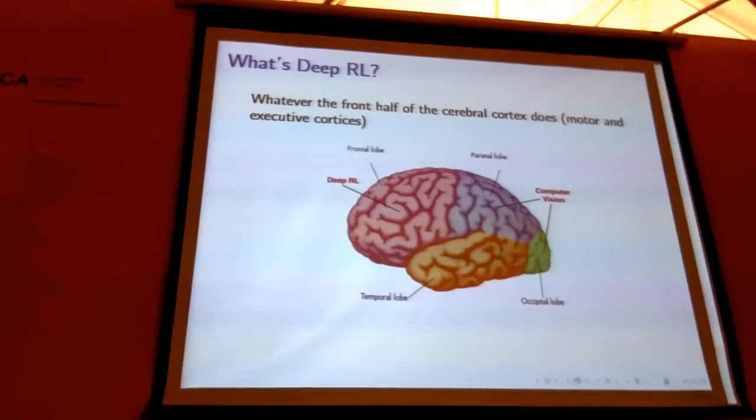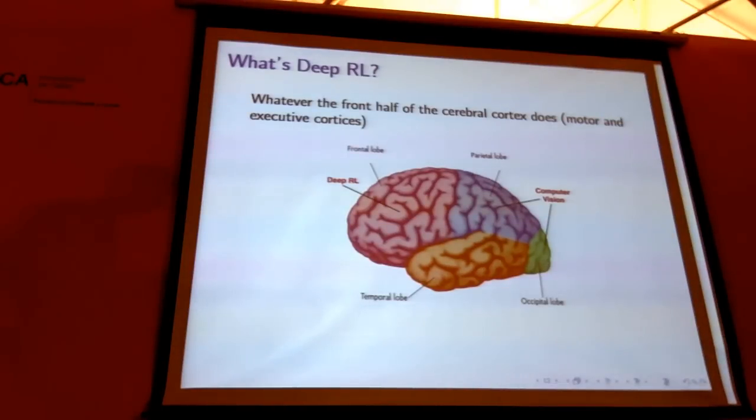Okay, and here's a semi-serious alternative definition. If you look at the cerebral cortex, there are a lot of different parts of the brain that do different things, and the back of the brain is the visual cortex and is involved with vision.